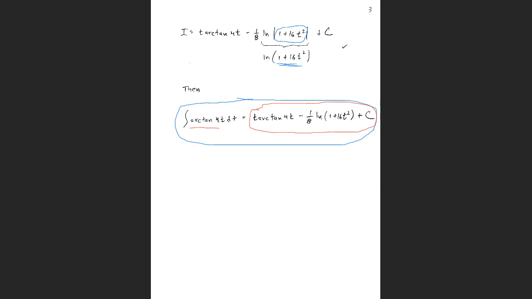So you've seen here three very good problems for integration by parts. And I hope they will be helpful for you.